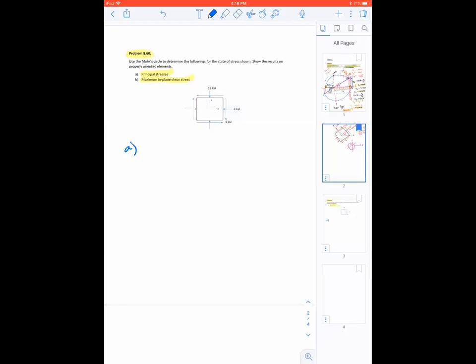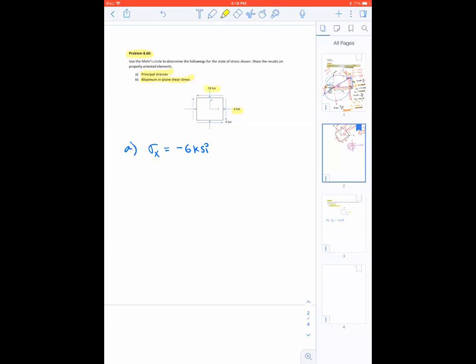So obviously, how much is your sigma x? Your sigma x is this, and it is a compressive stress, so sigma x is equal to minus 6 ksi. Now let's look at the other one, sigma y.